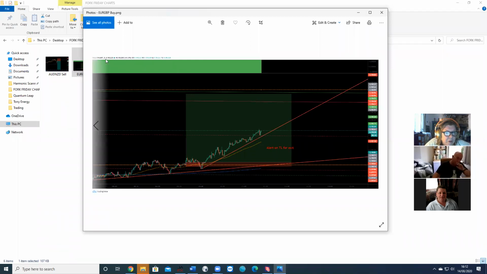So Euro GBP on the 1 minute chart, you can see that red orangey pitchfork. This is the entry trend line. That pale orange is the 62 EMA, the current trend in the market, our rolling line of support and resistance that's so powerful. And you've got quarter theory here.